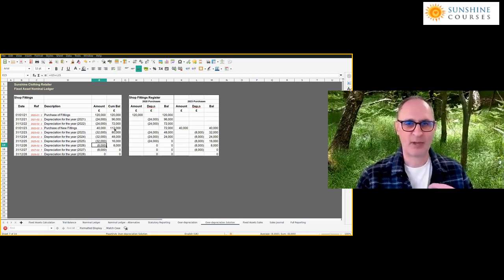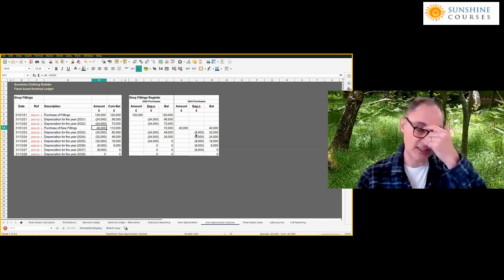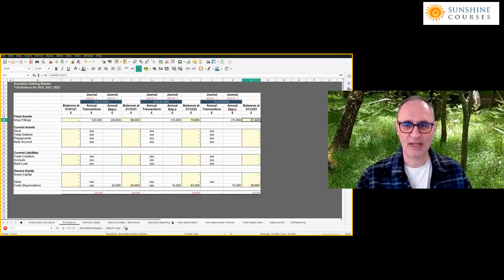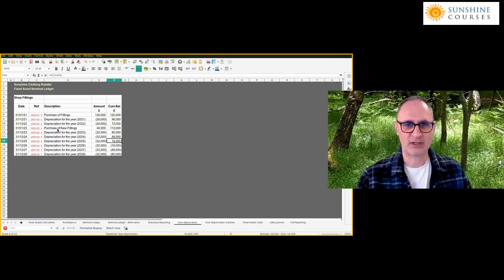And remember, the idea of all these manual adjustments, manual calculations rather, is to allow us to put the journal through into the accounts, either through the trial balance by way of journal or in the computer accounts, in order to get the allocation of the costs into the correct accounting year.